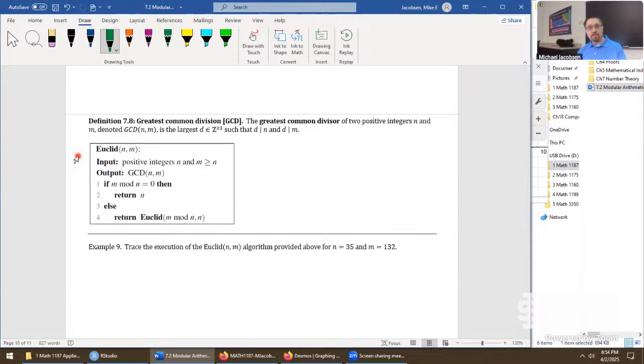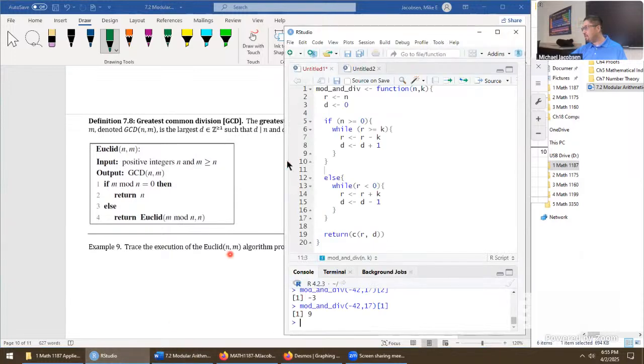Our author likes to mention, this is probably mankind's oldest known, still currently used, very important algorithms, over 2,600 years old, if I recall from the reading. And it's an impressive way to calculate the greatest common divisors. Notice it uses m mod n inside of it. So we can just recall mod and div right here.